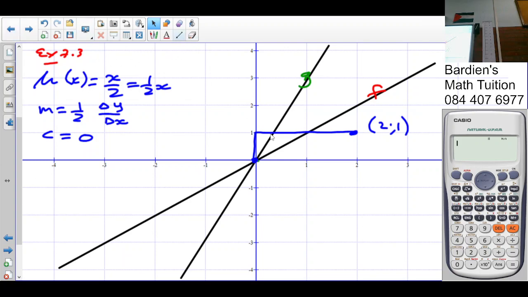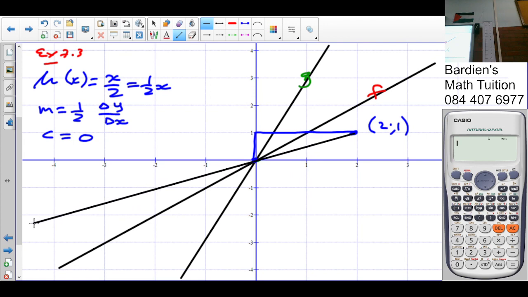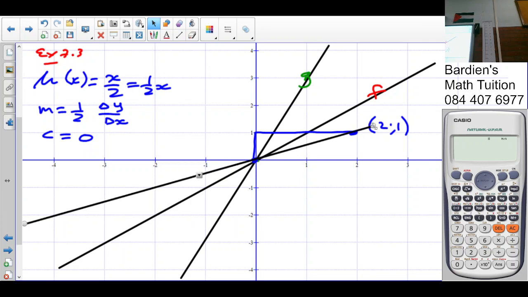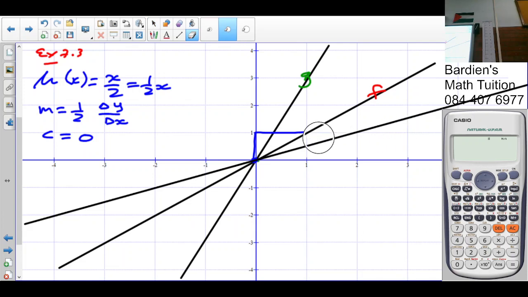So again, I take my straight line and go through those points there. There we go. And this is the graph of h of x. Do you understand? That is how you use your gradient intercept method.